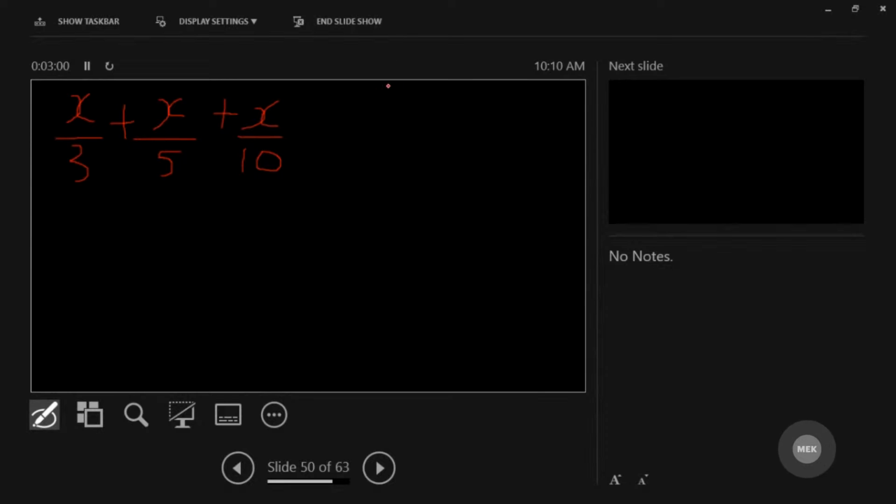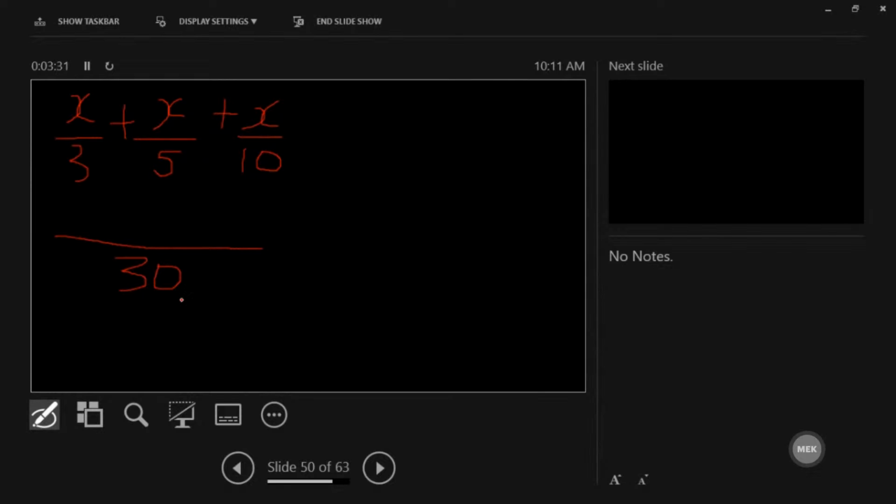All right, so the numerators are all x's. In the denominator, we have a 3, 5, and 10. So just like with a regular fraction, we are going to find the LCM. The LCM of 3, 5, and 10 would be 30.